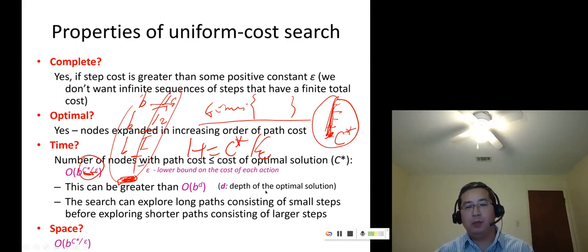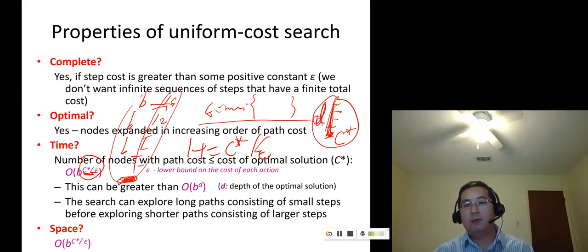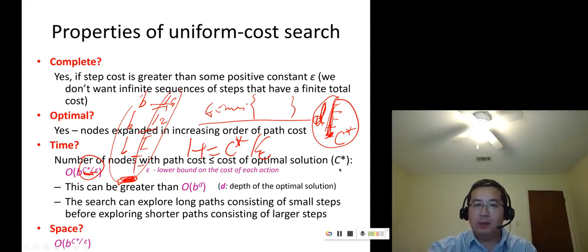D, we mentioned before, is the depth of the optimal solution, the true, real depth of the optimal solution. But we cannot guarantee or get d. That's why this can be greater, because we choose the minimum and divide by it. Each step cost is larger than epsilon, so in fact to reach here should be less than this value. This is the number of layers, C star over epsilon.